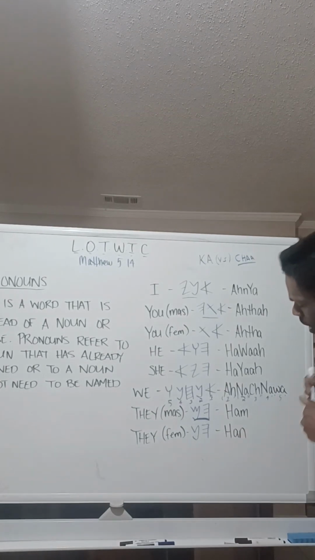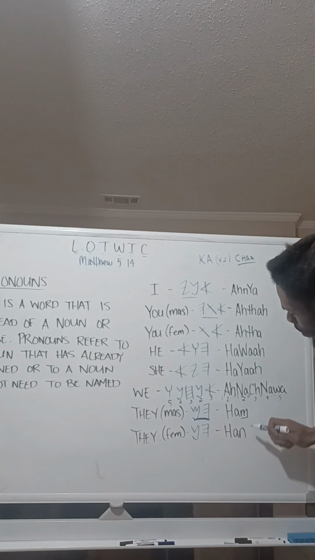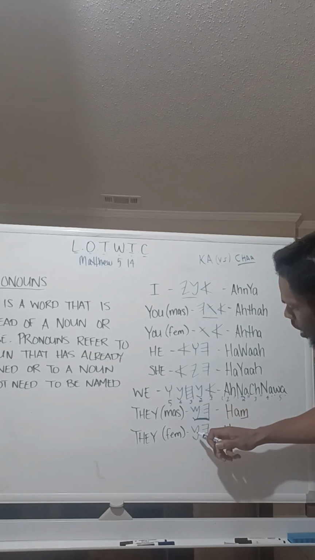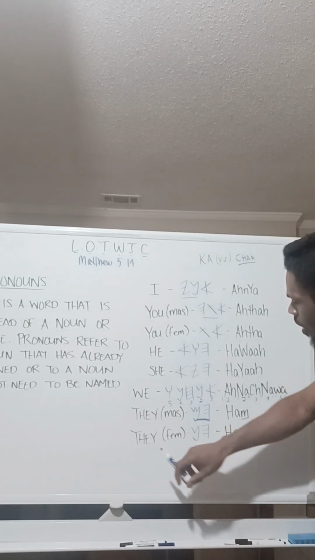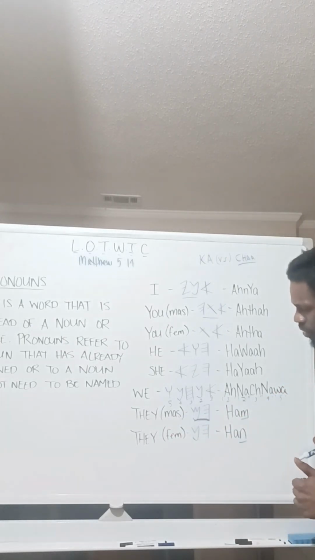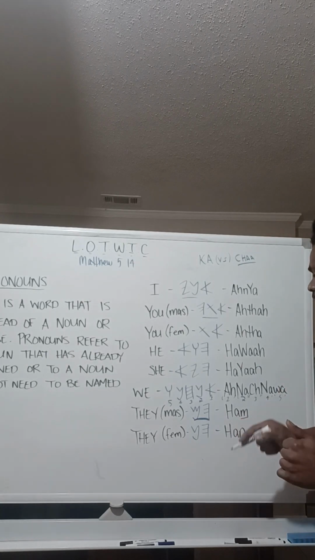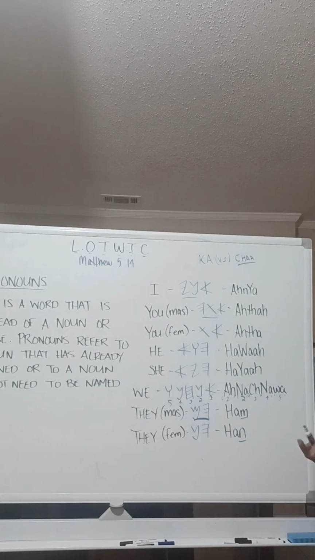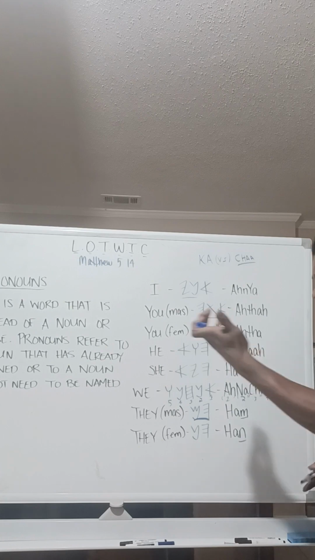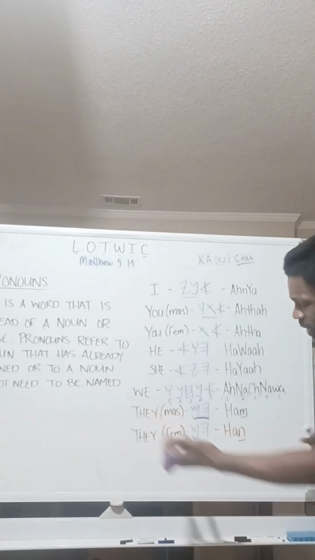So instead of the M, you have the na. So the ma and the na. So if you were talking about a group of females, you would say, look at they.